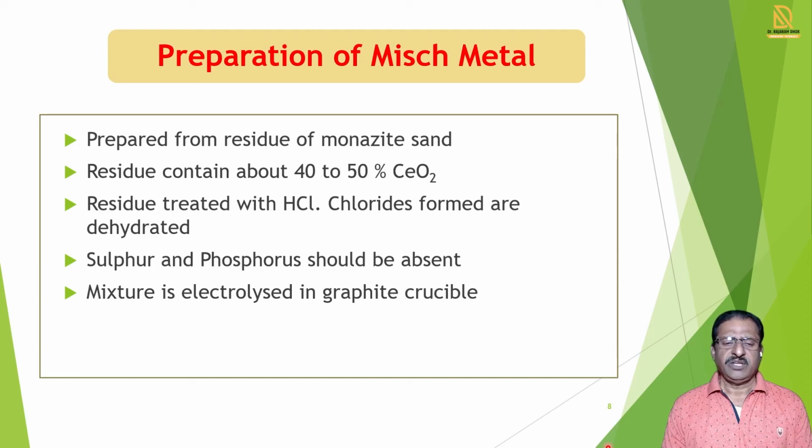Now, when that electrolysis is carried out and we separate that mish metal, we have to take care that the mish metal does not contain sulfur and phosphorus, because sulfur and phosphorus decrease the pyrophoric property of that mish metal. And its mechanism and use depend upon the pyrophoric property.